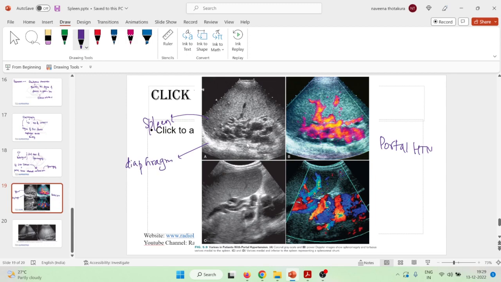These are the tortuous splenic vessels, or we can say tortuous varices, which are seen in the spleen. See, these are the splenic veins, tortuous splenic vessels. So this is a case of portal hypertension, which shows portal venous varices. So here portal hypertension is one of the causes of splenomegaly.